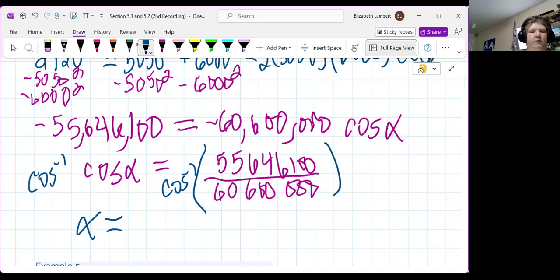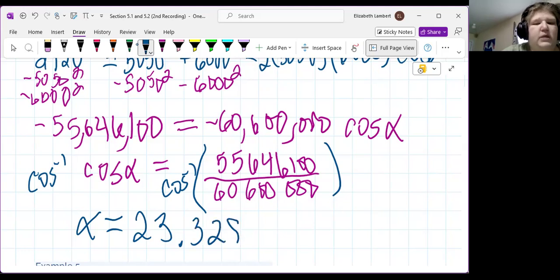Right. So inverse cosine of 55,646,100 divided by 60,600,000. So our alpha is 23.328 blah blah blah degrees.